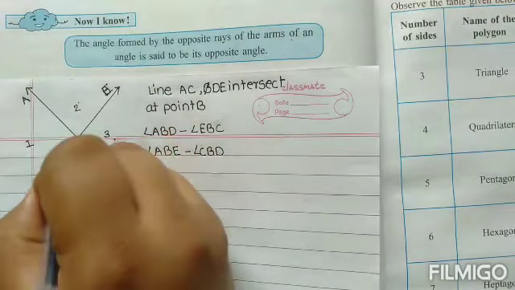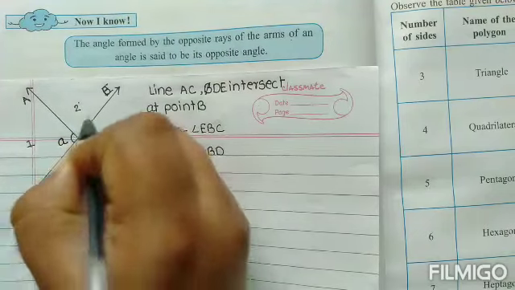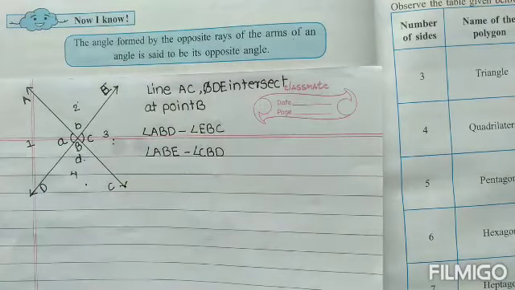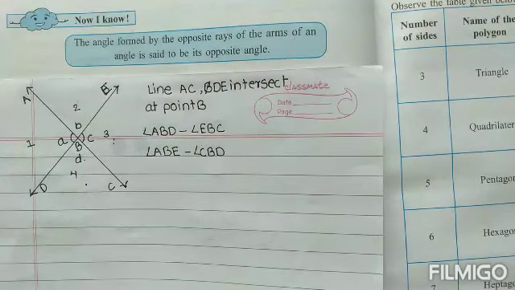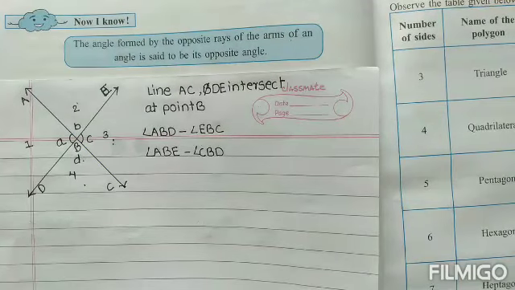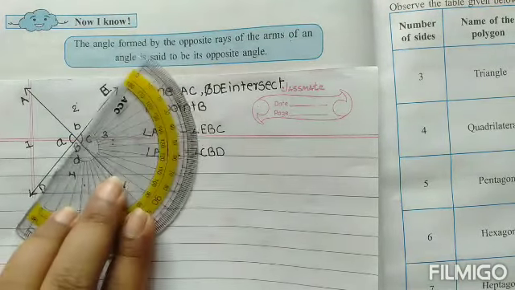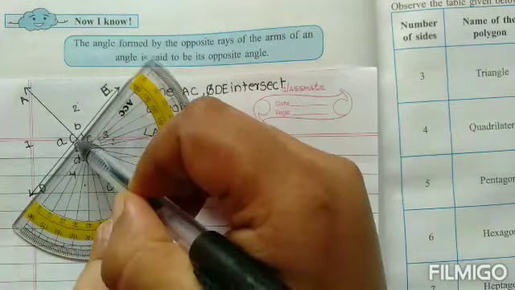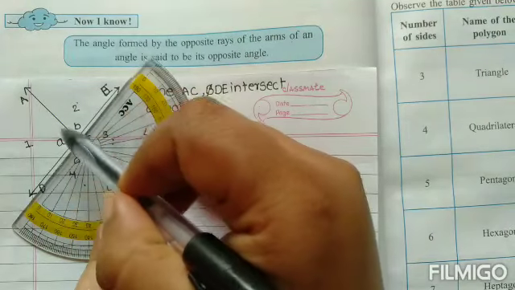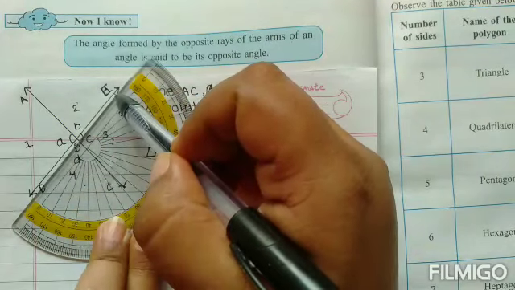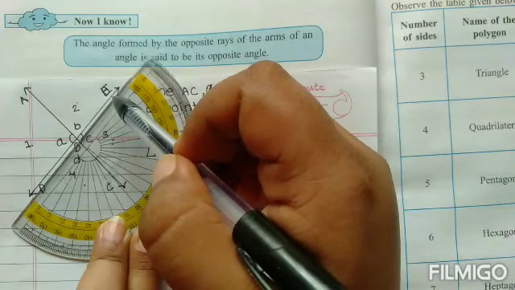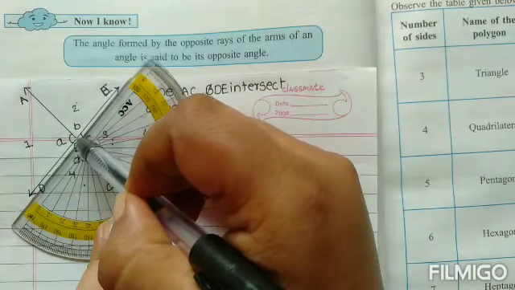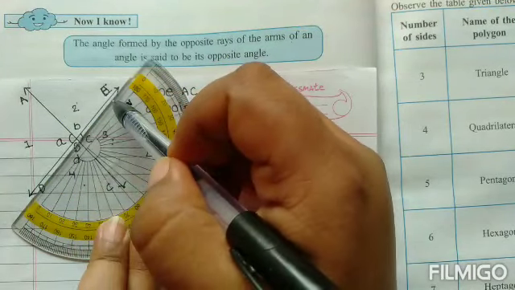Now let us write the measurement of each angle. It is A, B, C and D. First observe this much only: angle ABD and angle ABE. Observe it carefully. We have learned about linear pair angles. AB is a common arm, BD and BE are opposite rays.